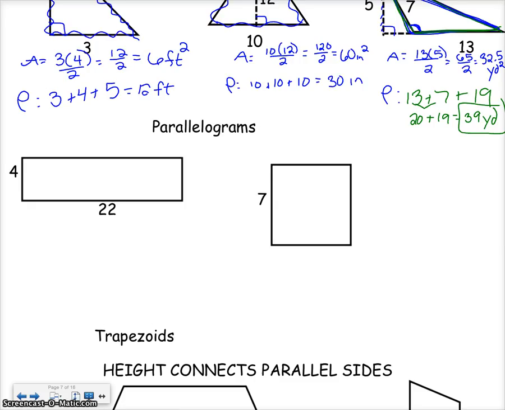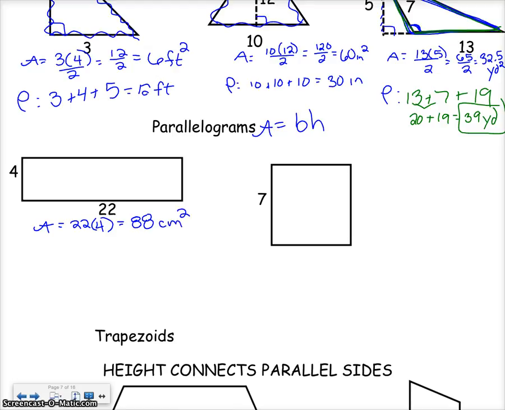Okay, so parallelograms are much easier than triangles because all you have to do for parallelograms is know that area is base times height. That's all you have to know for parallelograms. You do also need to know the height of a parallelogram, just like a triangle, is perpendicular to a base. So here my area would be 22 times 4, which would be 88, and let's make up a centimeters squared.